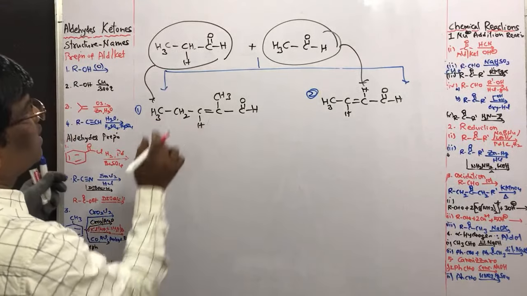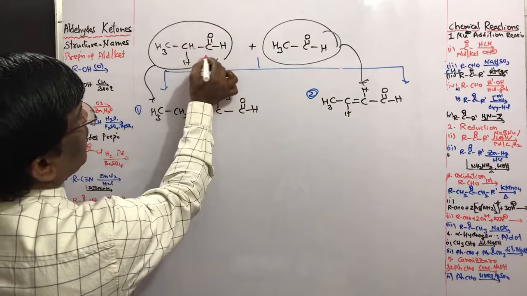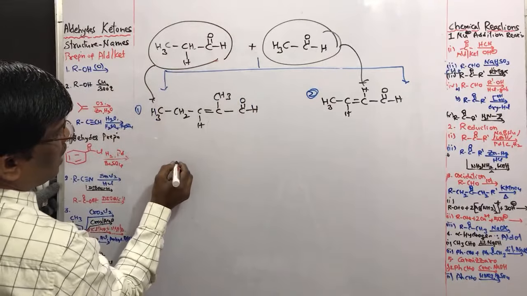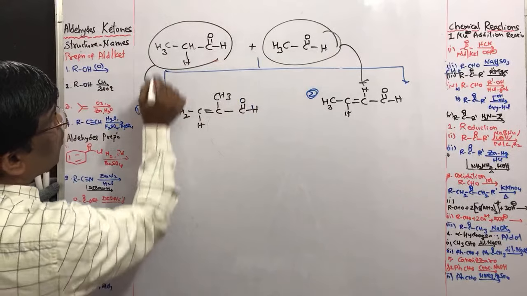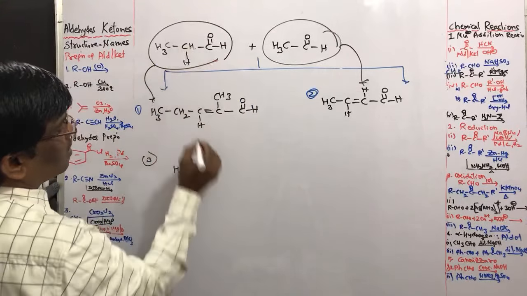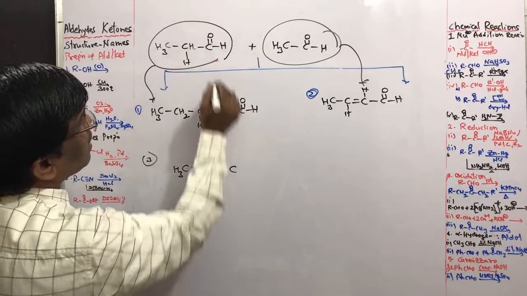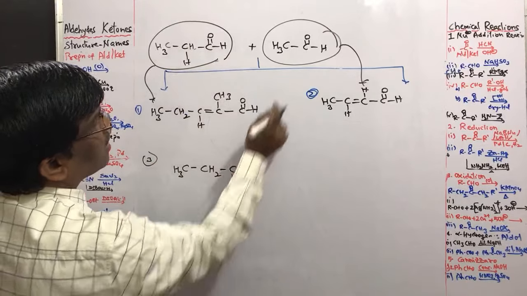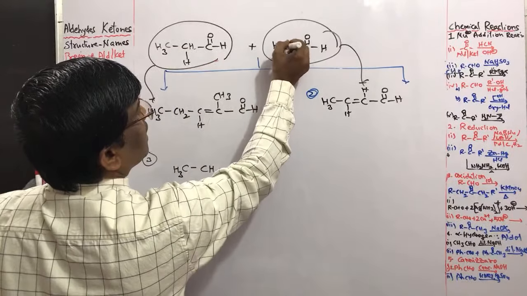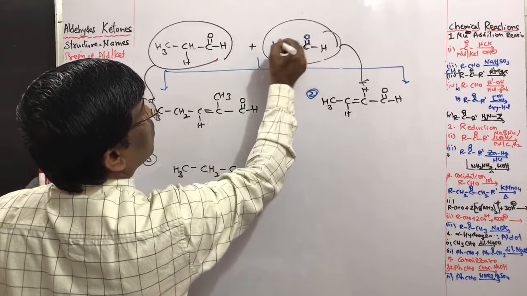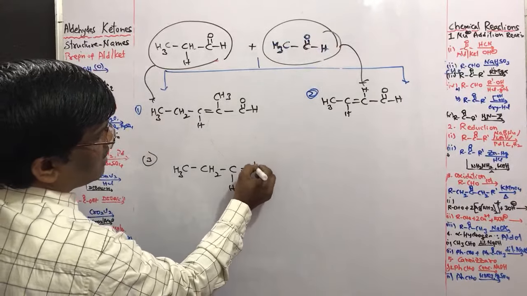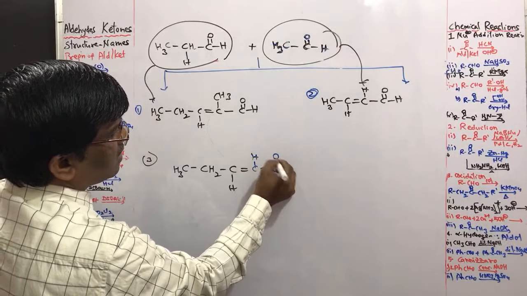So this aldehyde. Next, if it reacts with this, let me write. How to write? The third compound: CH3, CH2 is going to be here, and this hydrogen, double bond, and this carbon. So if I write, this is CH3CHO, CH3 and this is blue color, and this is hydrogen and this is aldehyde.